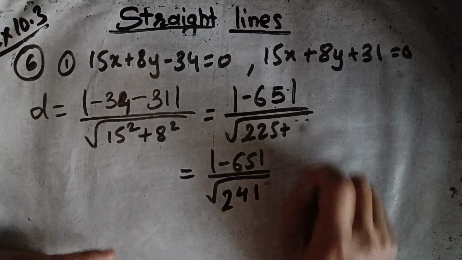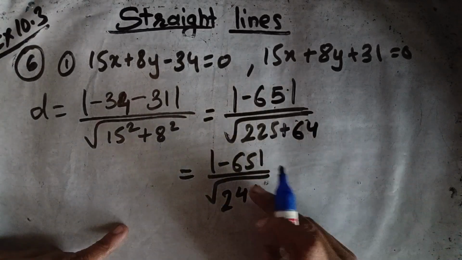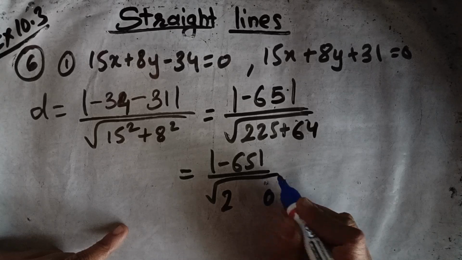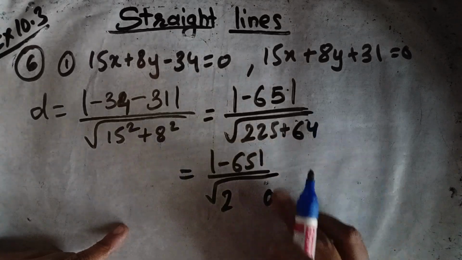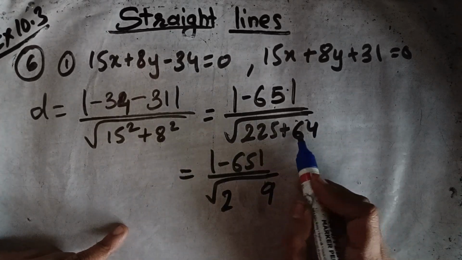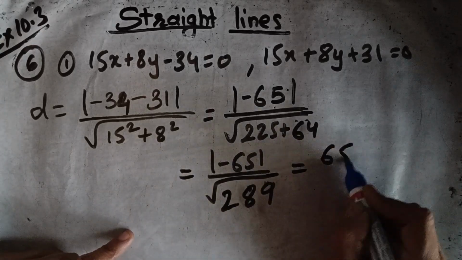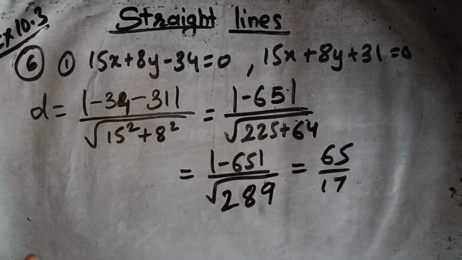Sorry, this is 8 8 64, 9, 289. So this is 70. Okay.